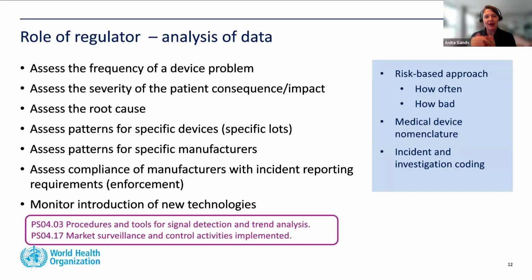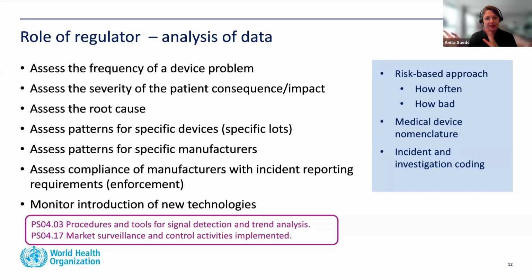You might want to look at the severity of the impact on the patient. And this is classic risk management, isn't it? How frequently is something happening and what is the severity of the impact? So you might want to, for instance, always be looking at the rate of death, the rate of serious deterioration in health, the rate of misdiagnosis, for example.